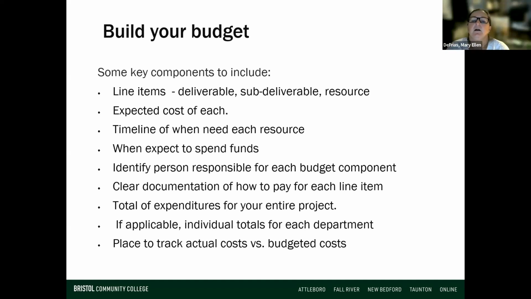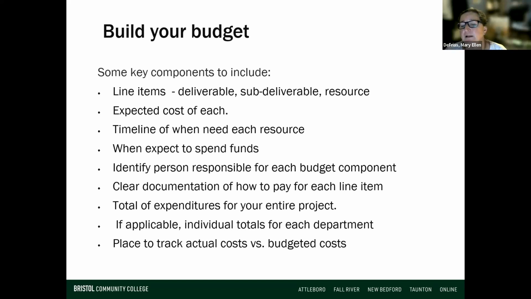Okay. You want to know how you're going to pay for each item. All right. At the end of the day, the budget has to show that this is what it cost me to do it. This is how much I paid. This is how much I could charge. So this is how much I made. Okay.